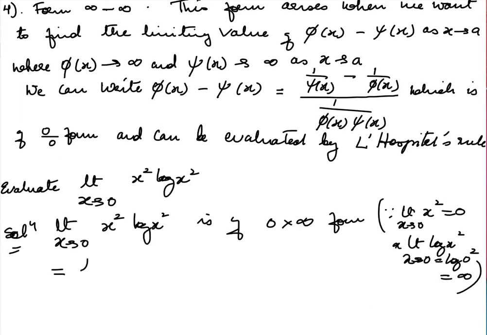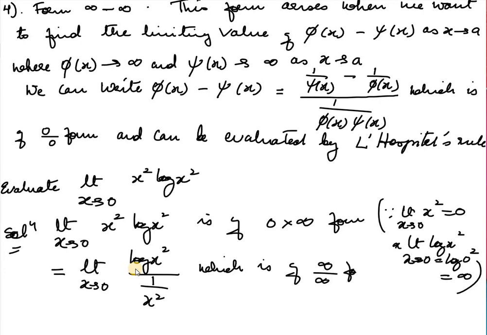In this case, I can write the limit as x tends to 0, keeping log x square in the numerator so that infinity remains there, divided by 1 upon x square. You can see that this will become infinity, and 1 by 0 will be infinity, so it is of infinity by infinity form.